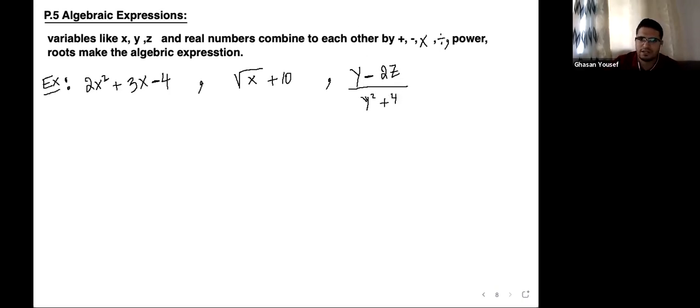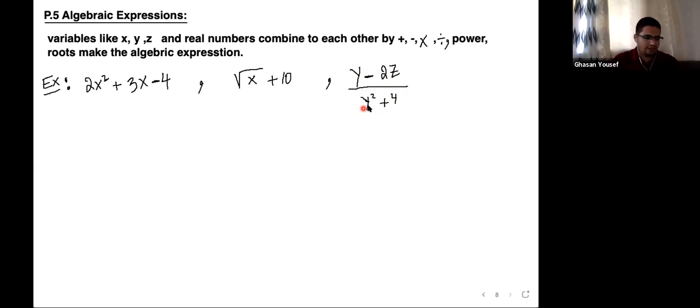Here we use the variable y, also the variable z, the numbers minus 2 and 4 and 1 here, and we combine them by minus, plus, and also dividing. So this is also an algebraic expression.